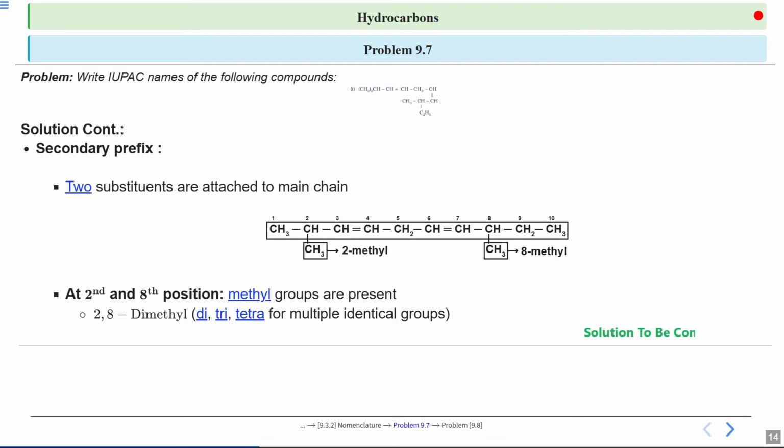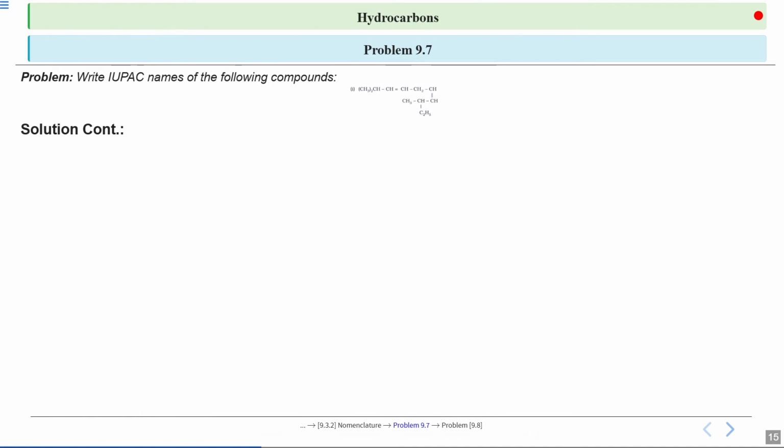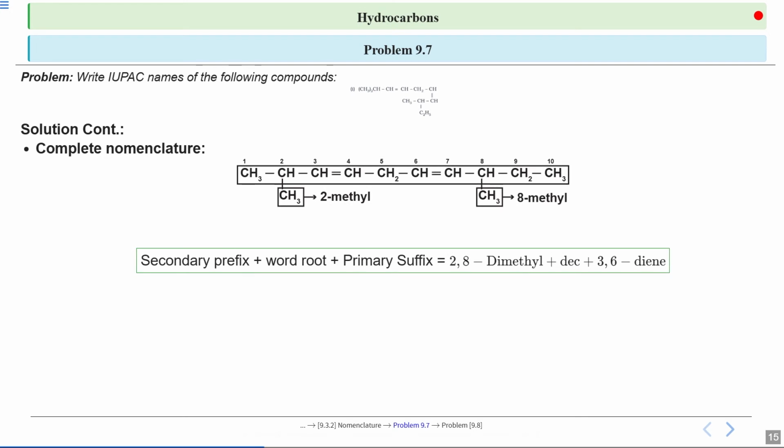Now moving on further, next is putting the given suffixes and prefixes into the complete nomenclature. We have 2,8-dimethyl for the secondary prefix, dec for the word root, and 3,6-diene for the primary suffix.